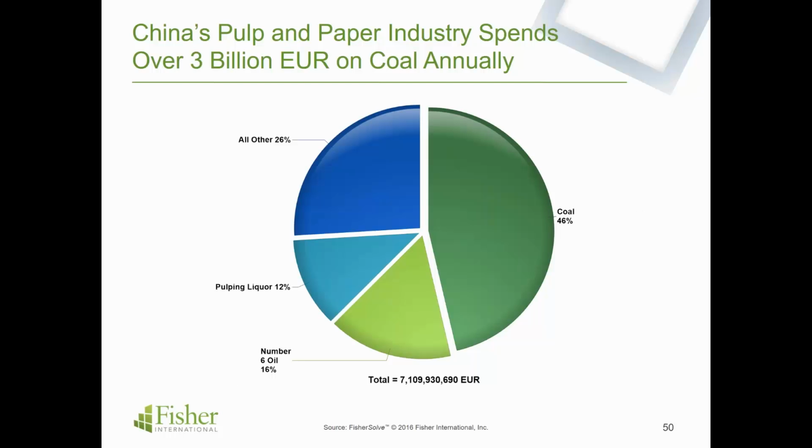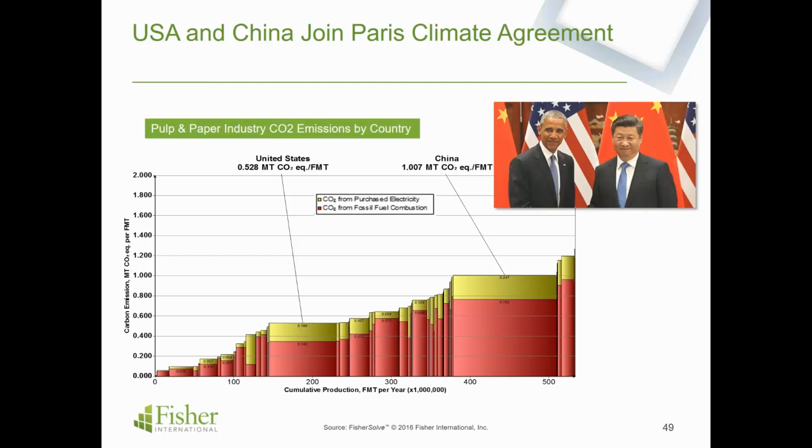Here I have a breakdown of how much they spend and what the breakdown is for raw materials. And oil and coal represent more than half of all energy resources in China. So coming back to this level, China is producing something like 130 million tons of pulp and paper products annually, and in the European Union we have something like 6 to 7 euros, fluctuating around this level, as the carbon emission allowance price.